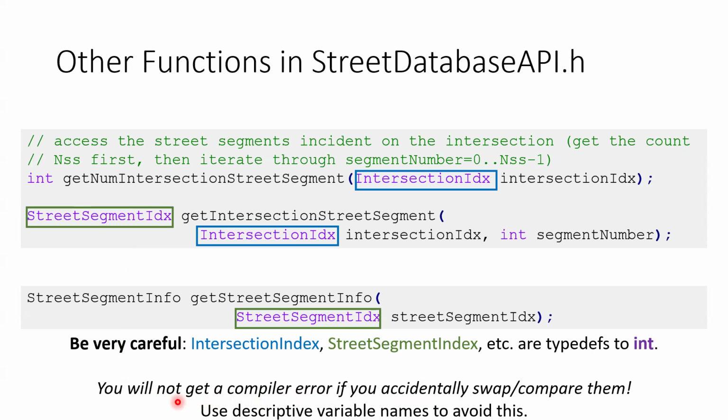If you are defining a street segment index, say in the name that this is for street segment. Even if you just add a subscript underscore SS, that's enough. And in this case, you will be avoiding mixing of street segment index with intersection index and street index, for example.